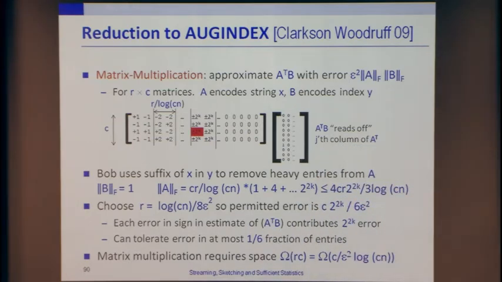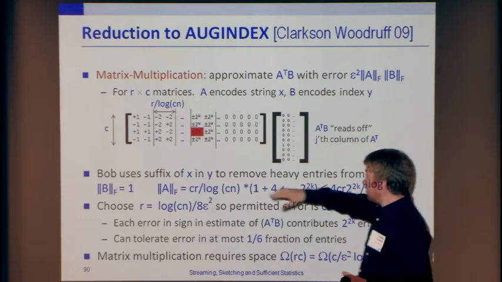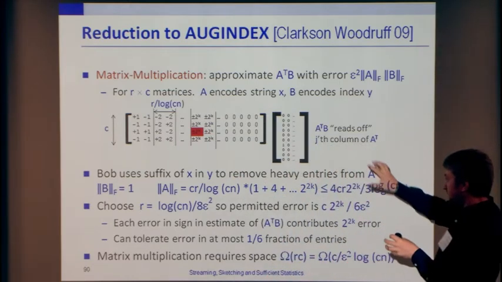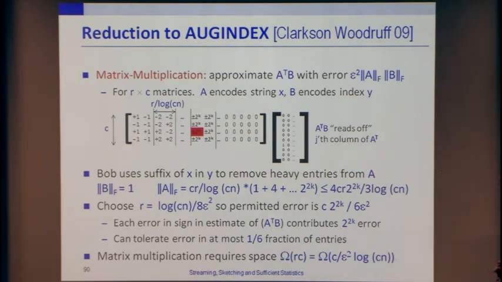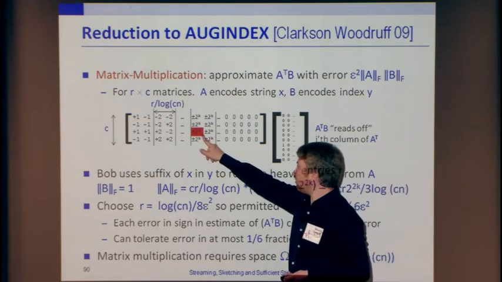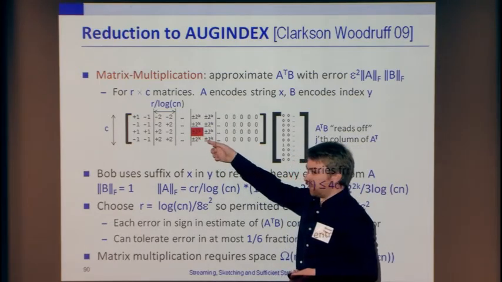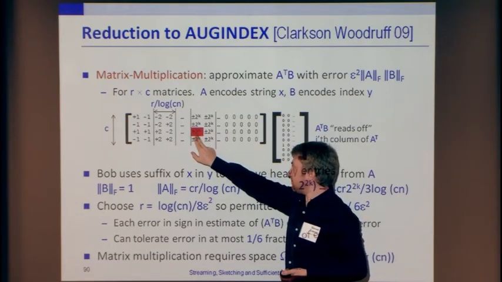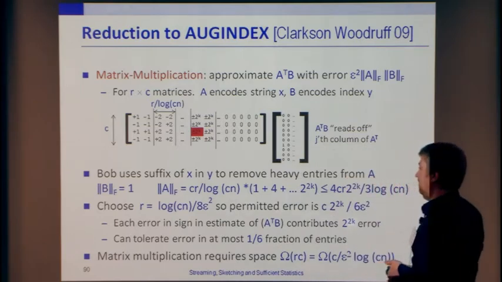Essentially the argument goes through to say, if Bob can read off this information about this column via matrix multiplication, and if he can do that without too much additive error on each entry, then he can recover with constant probability what that bit was, whether this corresponded to a +2 to the k or a -2 to the k.